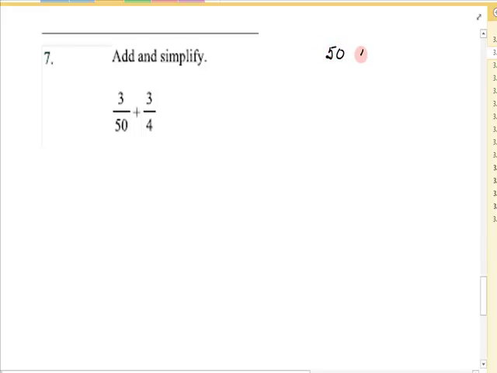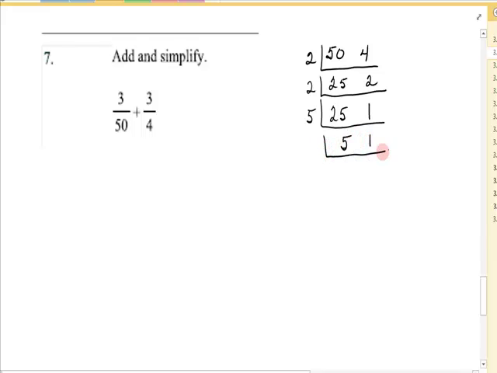So I have 50 and I have 4. Those are both even, so 2 is going to work. 2 goes into 50 25 times. 2 goes into 4 2 times. 2 still works. It doesn't go into 25, but it does go into 2 once. The only prime that will go into 25 is 5. Goes in there 5 times, bring down the 1. 1 more 5.